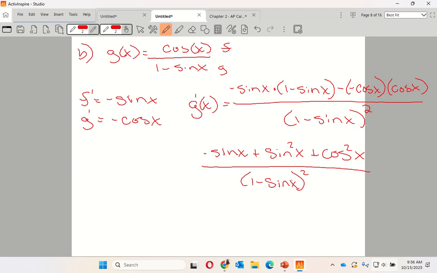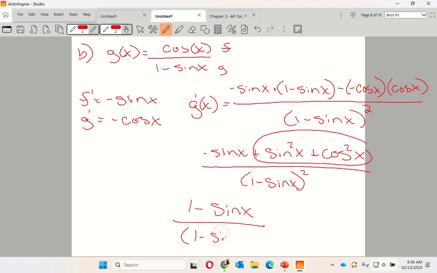So this right here is going to give me 1. So if that's 1, I'm going to rewrite it. I'm going to put it in front of here, though. So I'm going to have 1 minus sine x over quantity of 1 minus sine x squared.